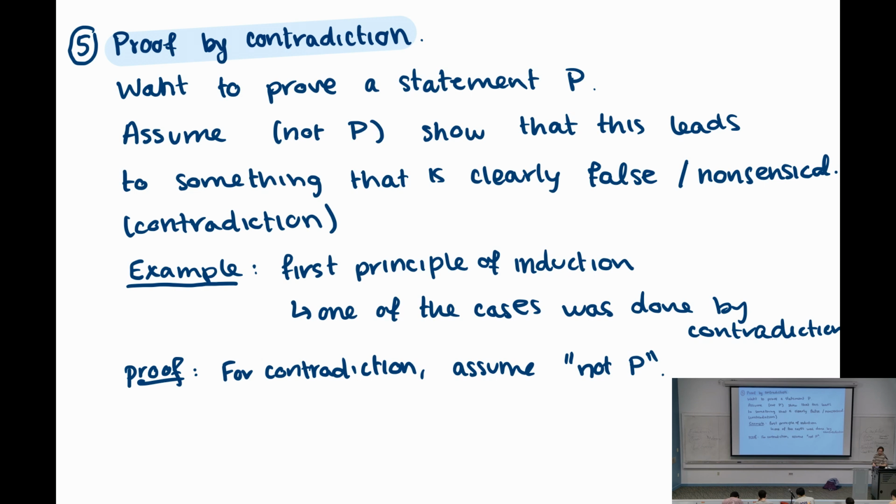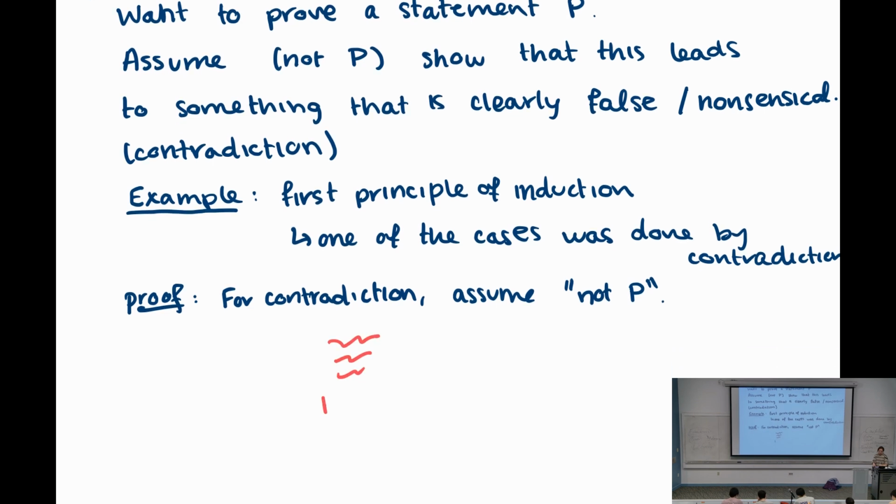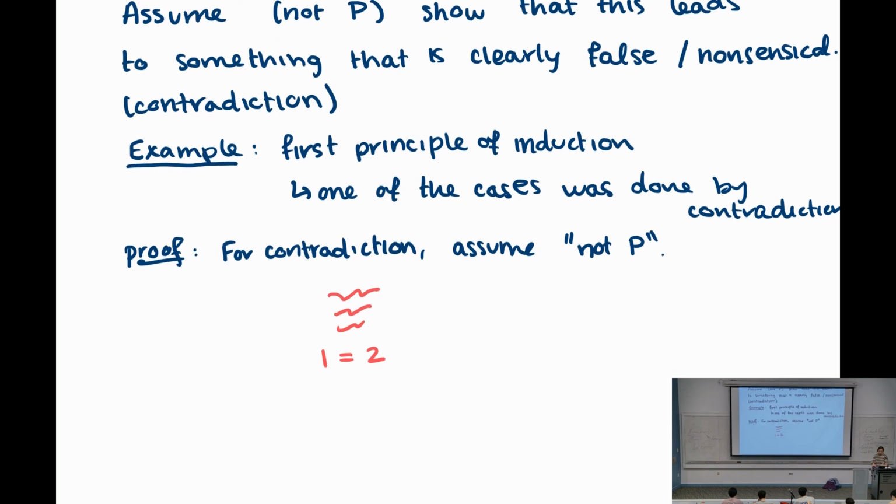Then you'd have the content of your proof, and at the end you conclude that 1 is equal to 2, and then you could write something like, this is a contradiction. Therefore, P holds, or something like that. And then end of proof.